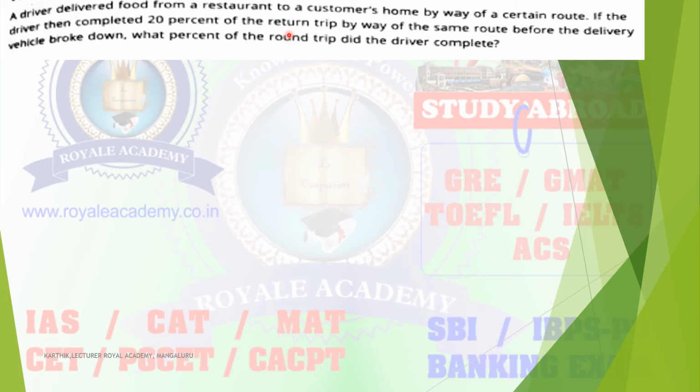So how do we determine this type of problem? A driver delivered food from a restaurant to the customer's home by way of a certain route. Then he completed 20% of the return trip.